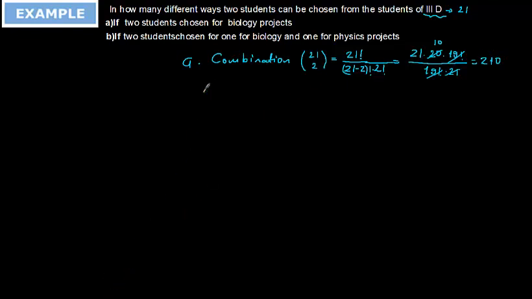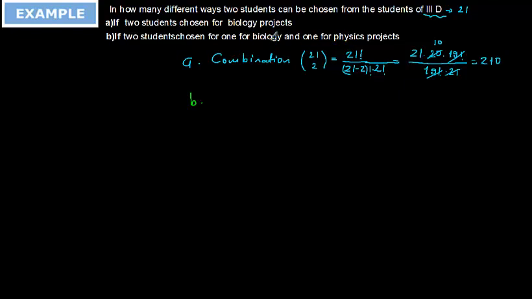But here in the second one, the 2 chosen students are going to take different projects. So for biology or for physics, when you select the student, that difference is going to be important. So the arrangement is important here. One student is chosen for the biology project or physics project, then you're selecting for the other project.